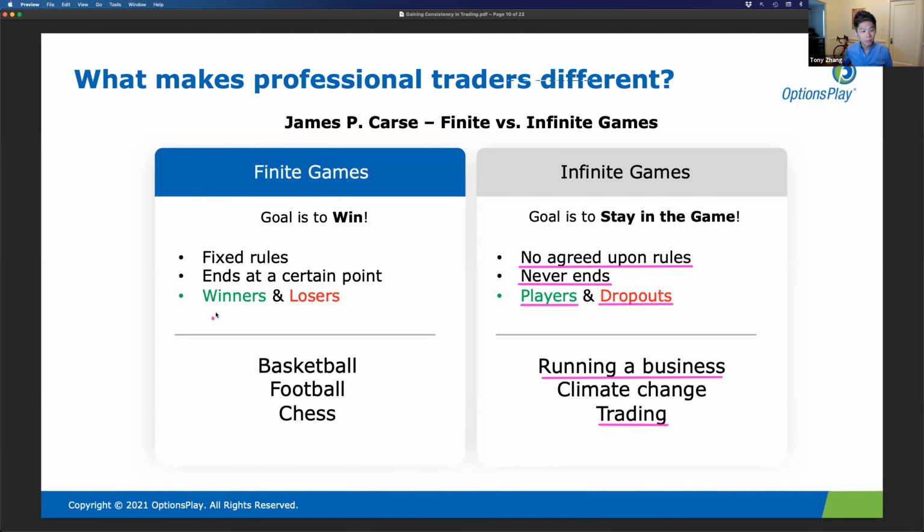They think of it as wins and losses. And many times the struggles that we have with trading, and the reason that we are inconsistent in our trading, is because we're trying to apply the rules of a finite game to an infinite game. And that's really where the frustration comes in, because you keep trying to win at something that you can't possibly win.